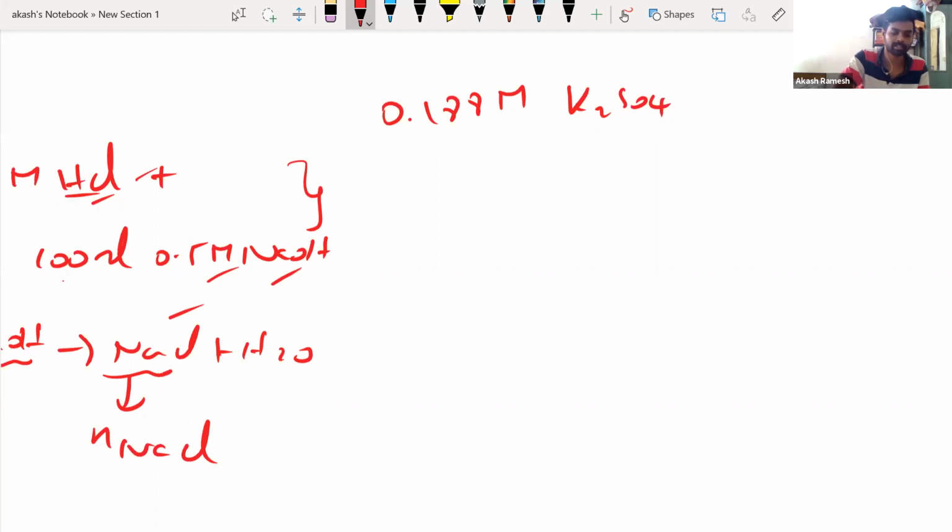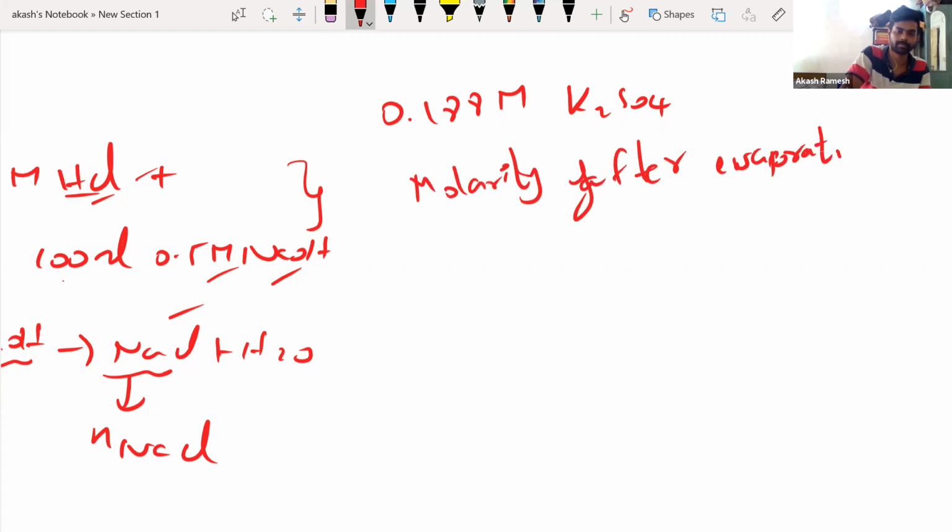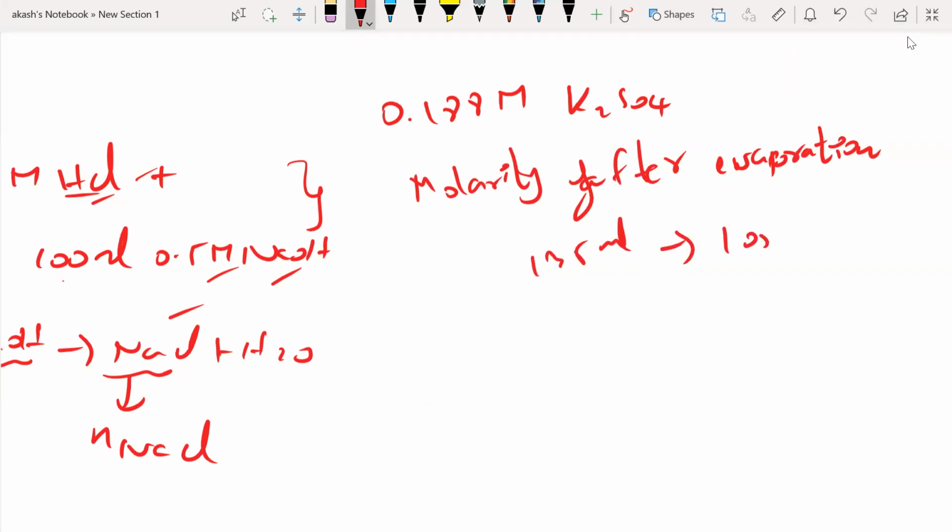Now the question is, find the molarity of the new solution after evaporation. The initial volume was 135 ml, which becomes 105 ml.